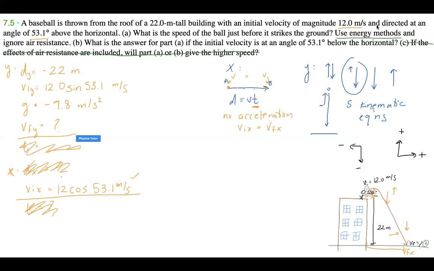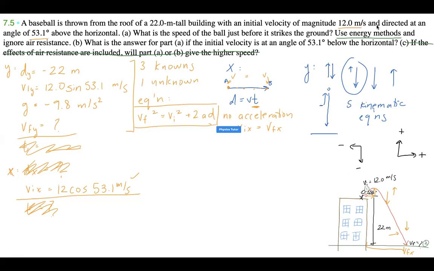So how do we do that? Well, we have to use one of our 5 kinematic equations. We have 3 knowns and 1 unknown, so the equation we have to use is VF squared equals VI squared plus 2AD. This has everything that we need. Because we're looking for VFY, we just have to isolate for VF.